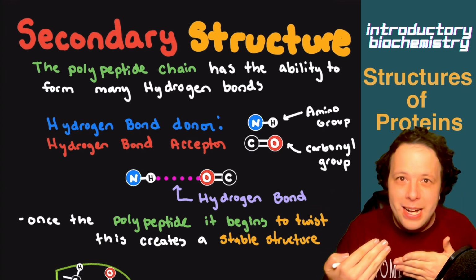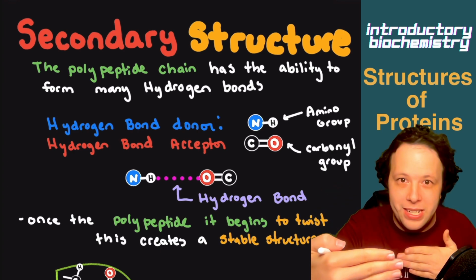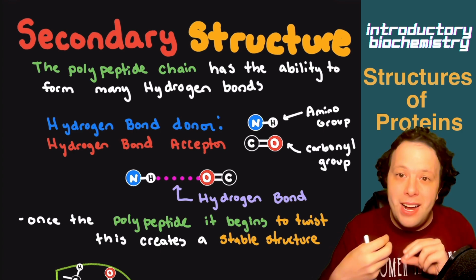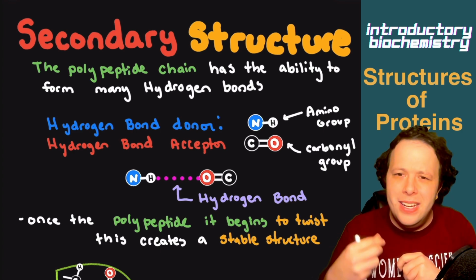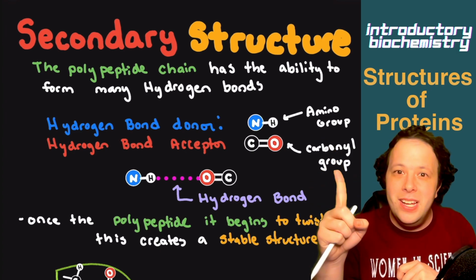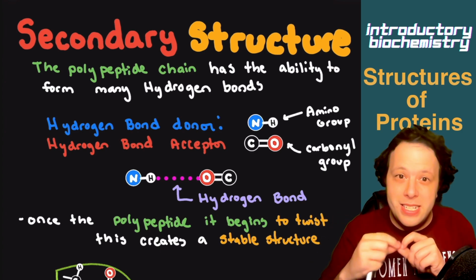So what's going to happen is the secondary structure, the next level of organization, is as this thing folds, it can start hydrogen bonding to itself. The reason for that is because on the structure there are amino groups, and then there are carbonyl groups, meaning there are nitrogen groups and CO groups.